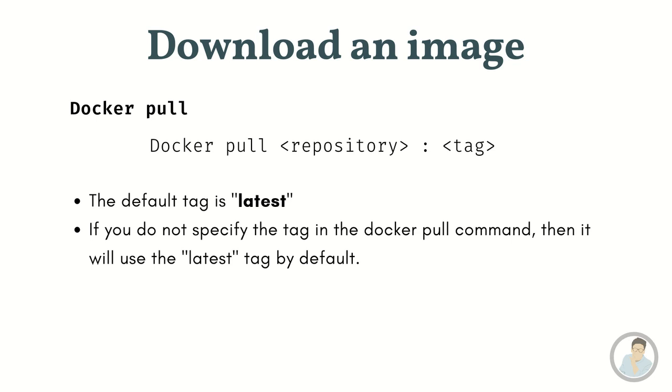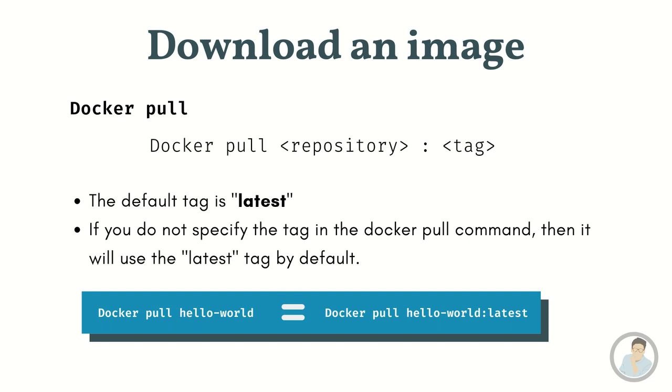The important thing to keep in mind is that every image has a default tag, called latest. That means if you do not specify the tag in the docker pull command, it will use the latest tag by default. So these two commands are equal: docker pull hello-world is equal to docker pull hello-world:latest.